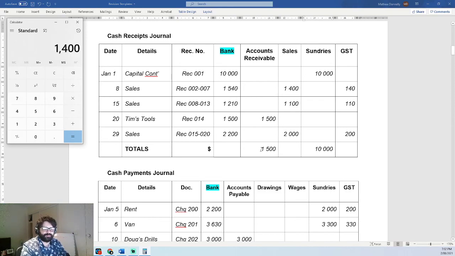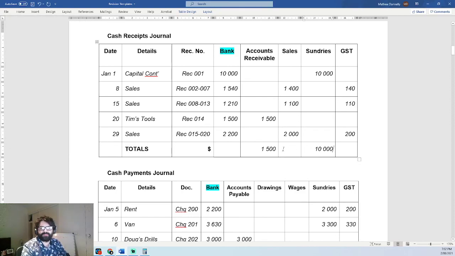So 1400 plus 1100 plus 2,000, and that's 4,500. Now, before I do anything else, I know that the GST will be $450. What tells me that is, if I look at all the GST transactions, I see the only time GST is taken in is when we make a cash sale.